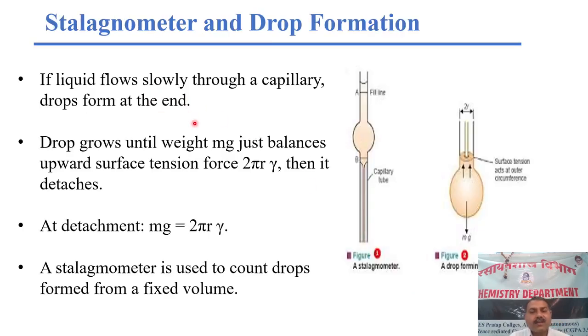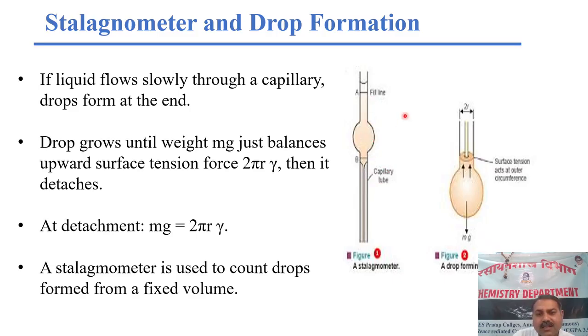Now another method to determine the surface tension is the drop formation method. In the drop formation method we use a glass pipette having a bulb and a capillary. This glass pipette is called a stalagmometer. It has a bulb with two markings A and B, and below the bulb it has a capillary.